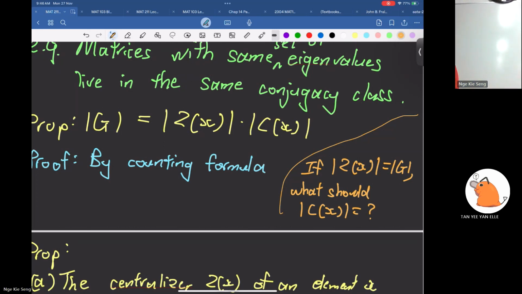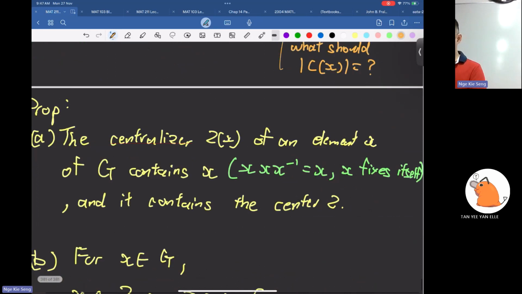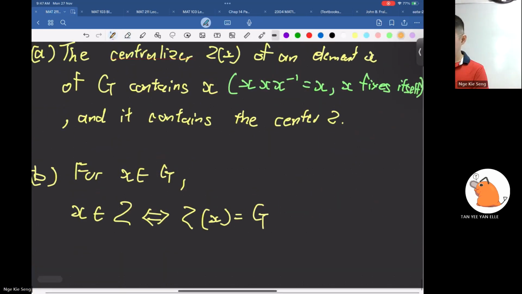It's 1. Okay, meaning what? What is the single element inside the conjugacy class Cx? It is just x itself.